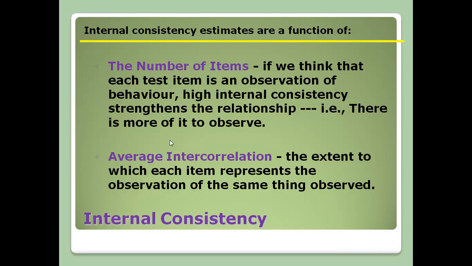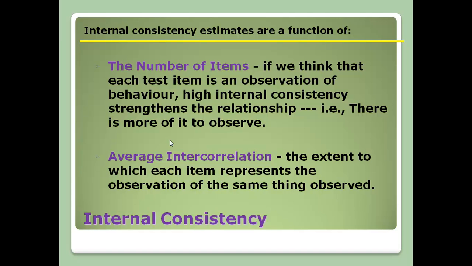Now, internal consistency: we want to see what the estimates are. What are they a function of? They're a function of the number of items, and they're a function of the average intercorrelation that we just talked about on the other page. Each item is an observation of behavior, different behaviors; internal consistency is the strength of the relationships, and the more we see of it, the more we have to observe.